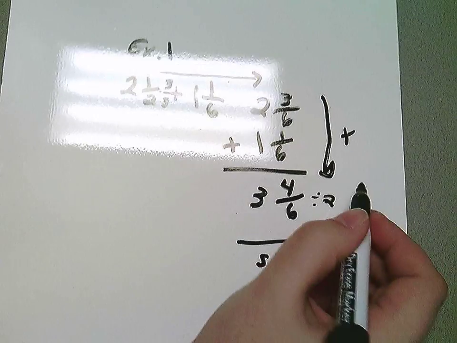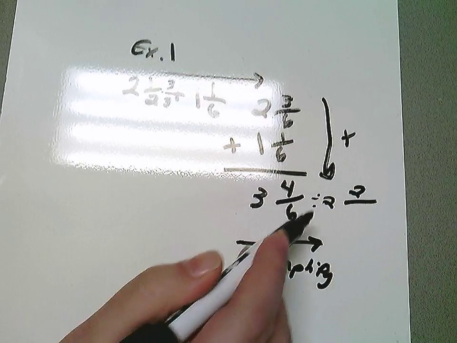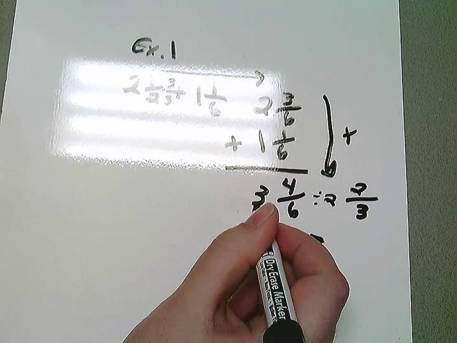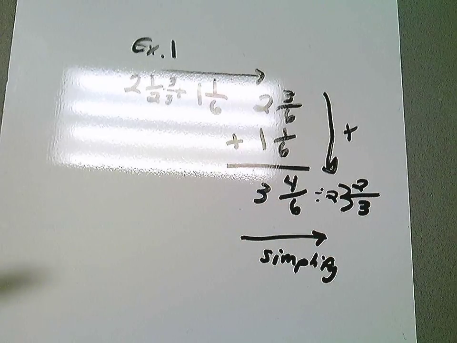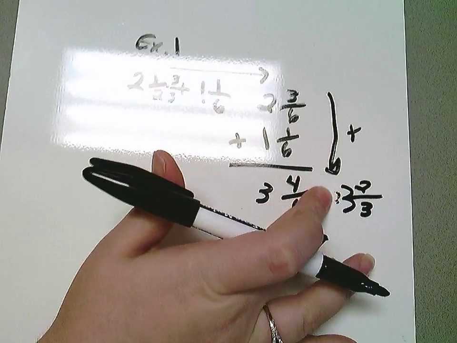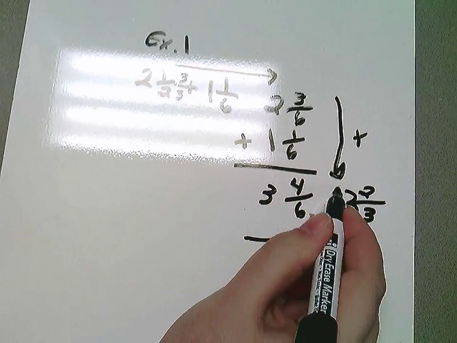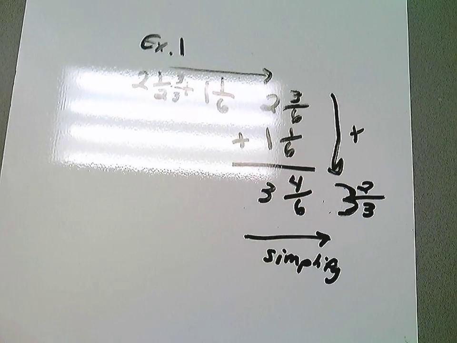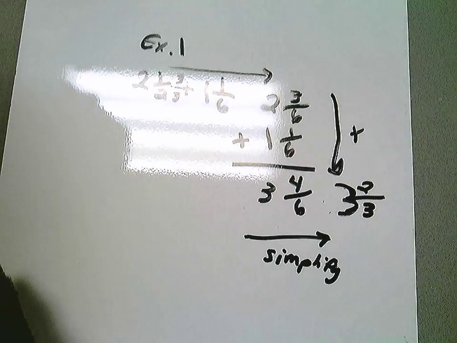So 4 divided by 2 is 2, and 6 divided by 2 is 3. We bring this whole number over there. It becomes 3 2/3. All right. Let me erase this real quick, and we'll go on to example 2.